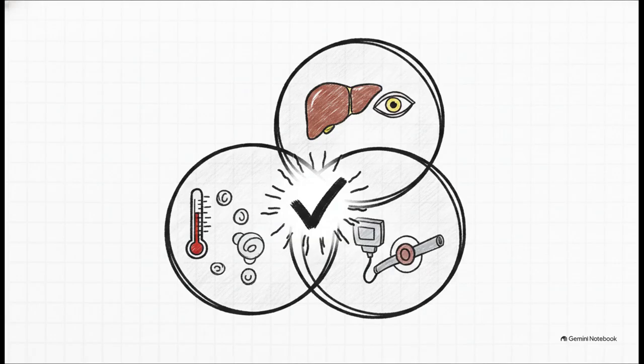Domain C necessitates imaging confirmation, showing either a dilated biliary tree or a direct visualization of the obstructing cause. A patient presenting with A alongside either B or C is considered a suspected case. But a patient exhibiting A, B, and C simultaneously yields a definite confirmed diagnosis of acute cholangitis.